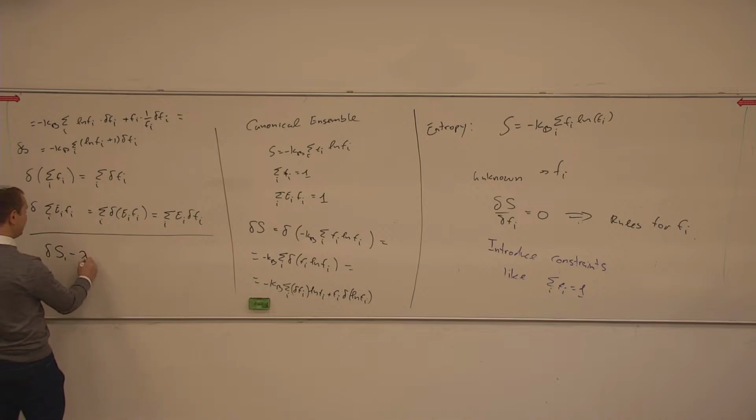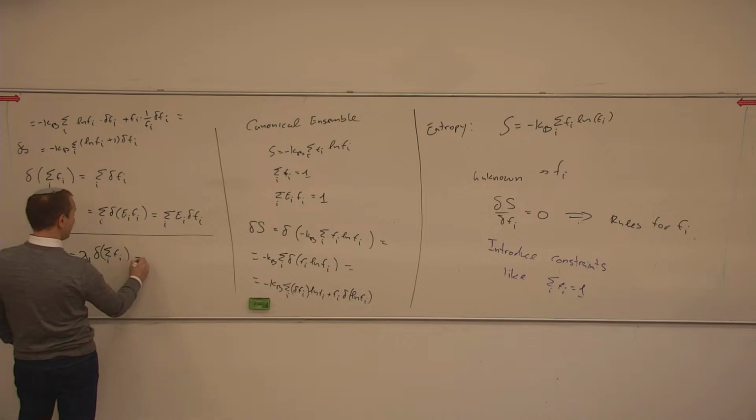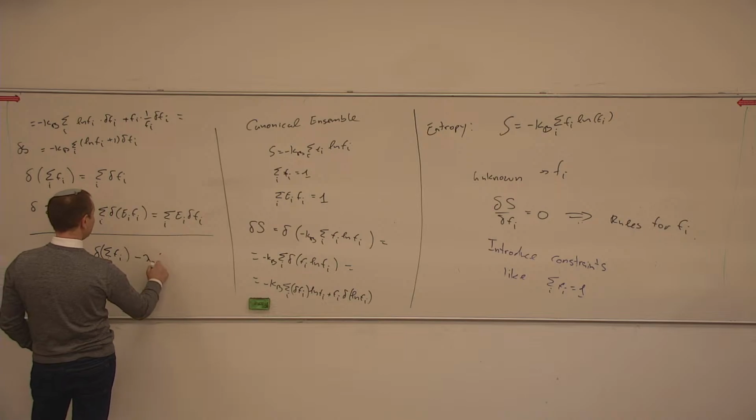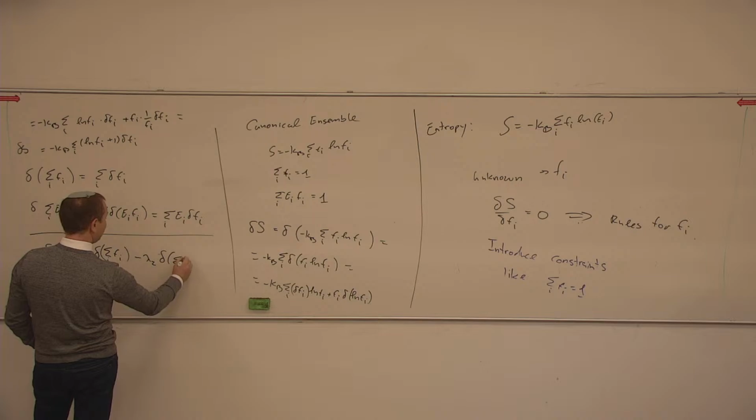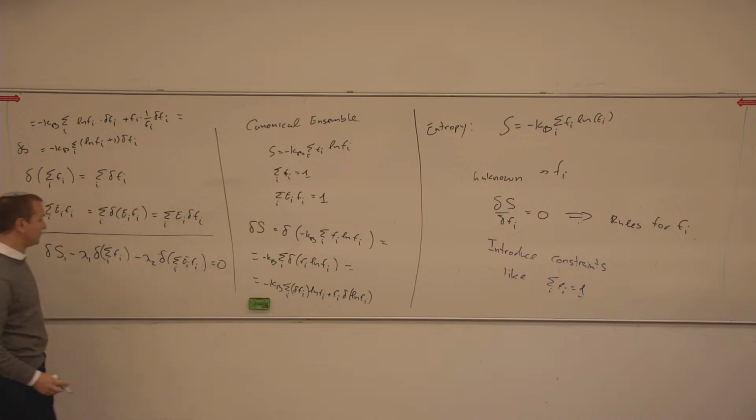minus lambda 1 delta of sum over I fi minus lambda 2 delta of sum over I ei fi equals to 0. Okay.